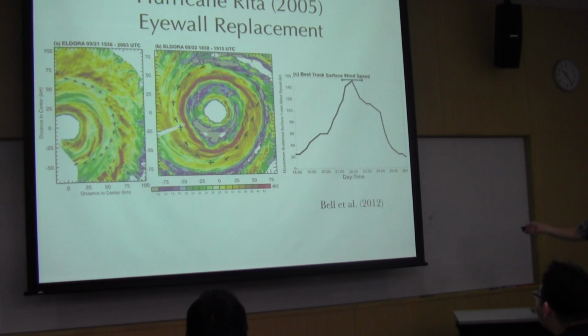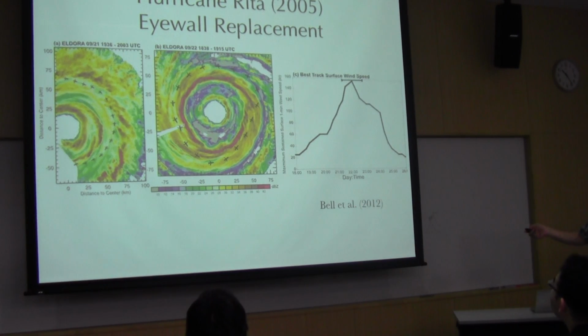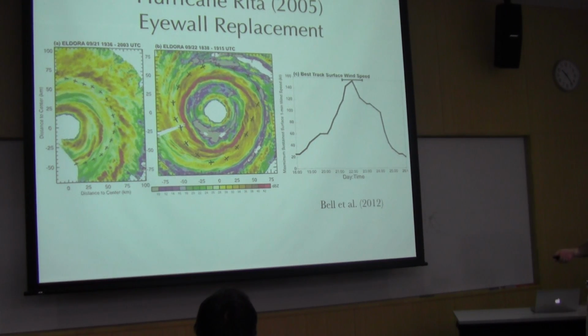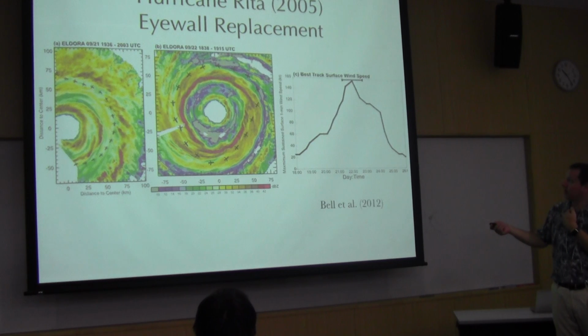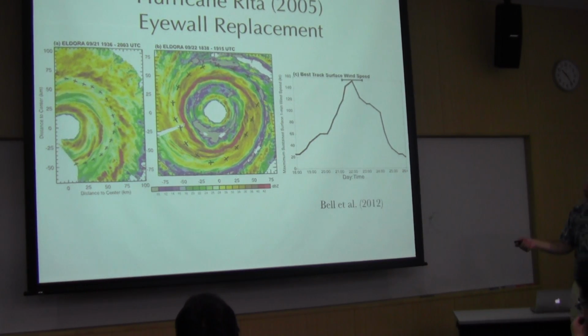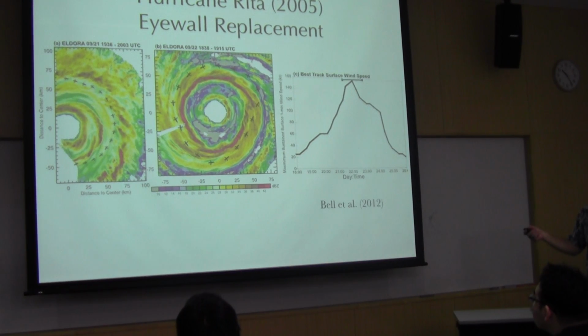But I had a paper in 2012, and also a paper that Bob Houze led, I'll show in the next slide, where we were fortunate enough to sample Hurricane Rita as it underwent eye wall replacement. And this was the first time that aircraft was able to obtain these types of really detailed observations of the secondary eye wall. So this figure is sort of a composite from my 2012 paper.